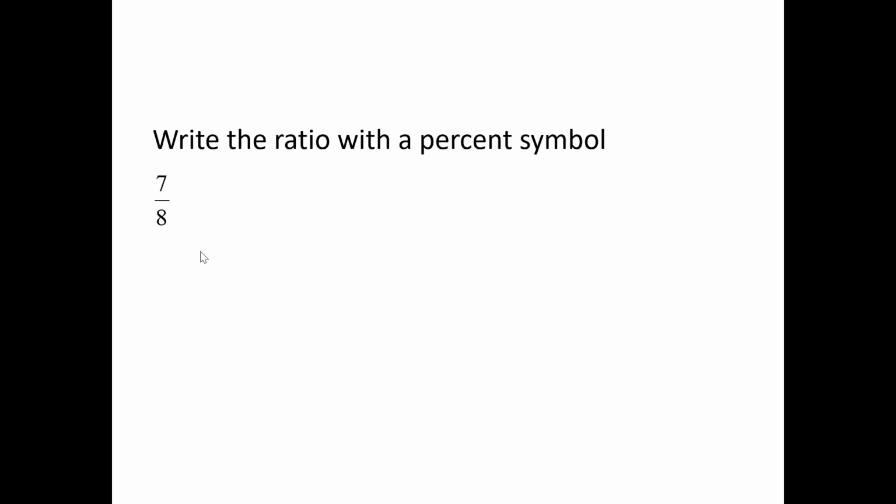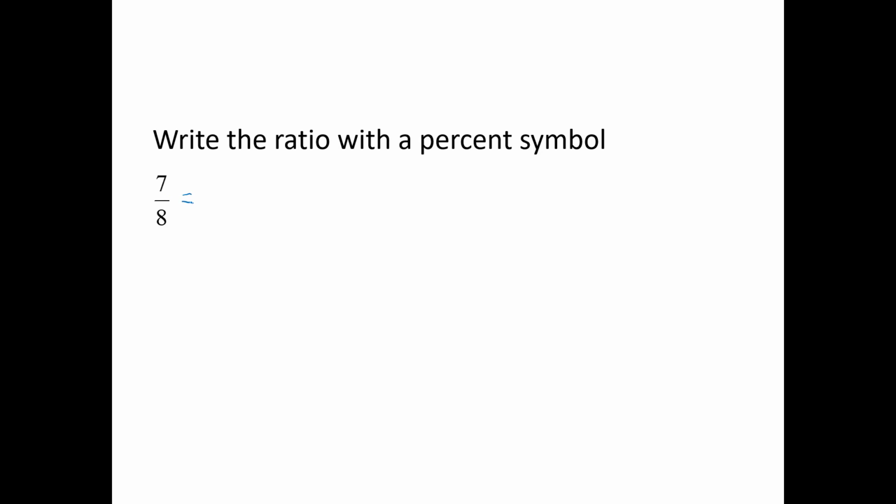Okay. So I'm going to go through this step by step. Again, I'm not trying to just go over the technique, but trying to get you to understand what's going on, right? This is just 7/8, 7 divided by 8. We want to write this with the denominator of 100, right?